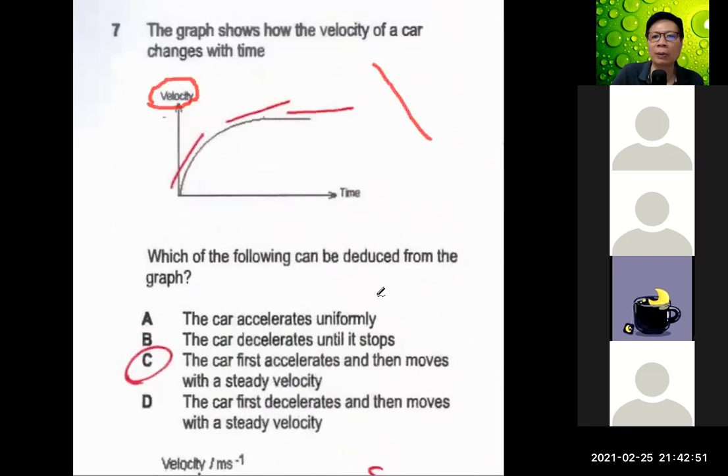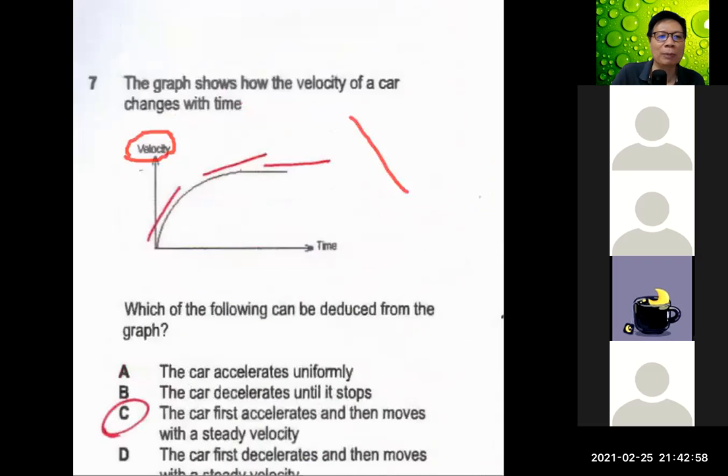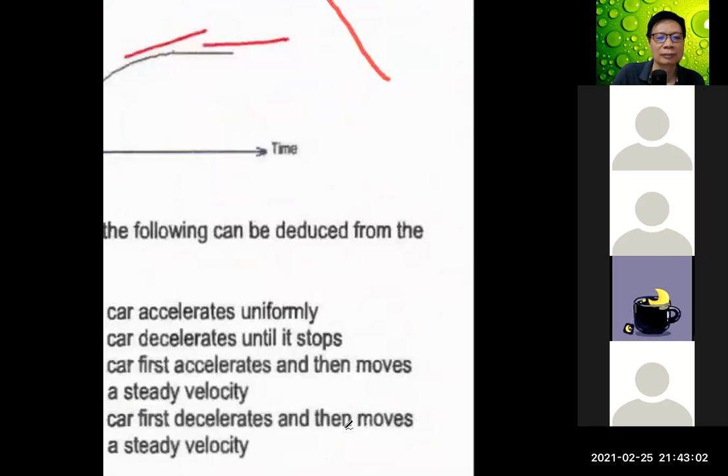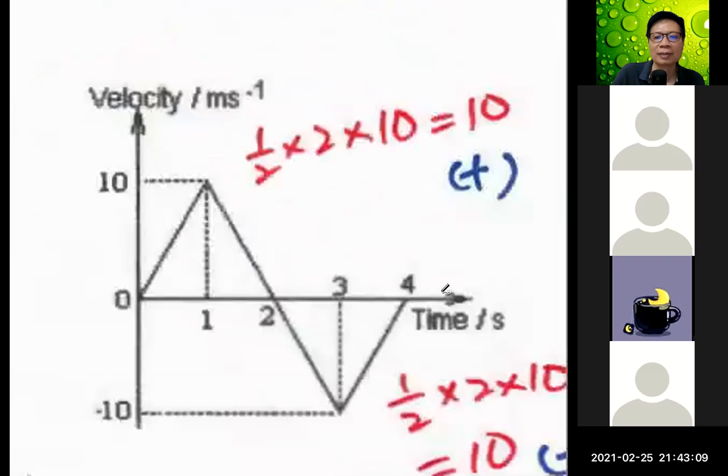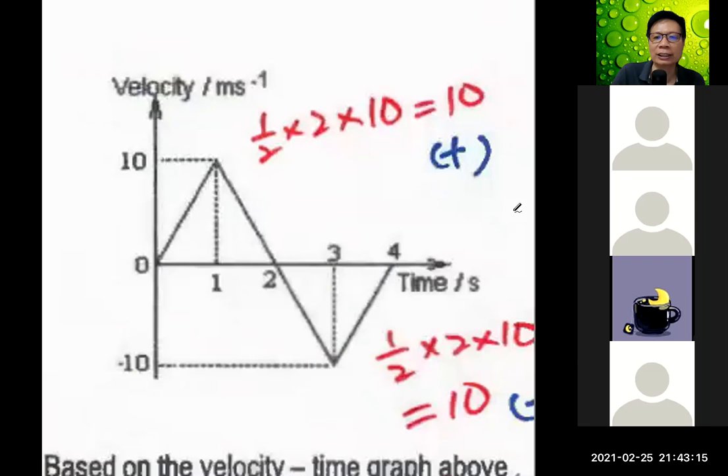You can go one more. This one. Wait, one moment. What is the total displacement? What is the total displacement?